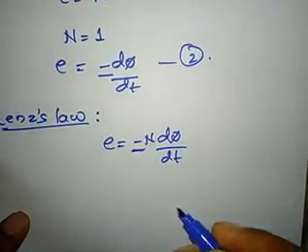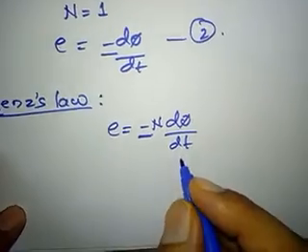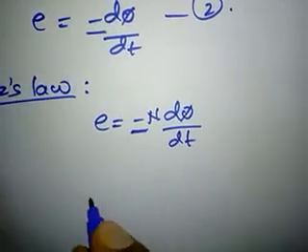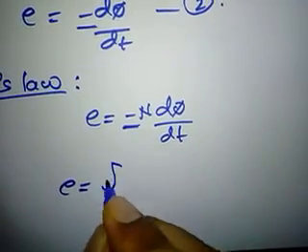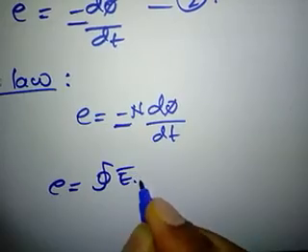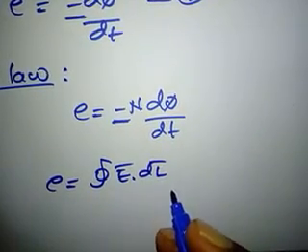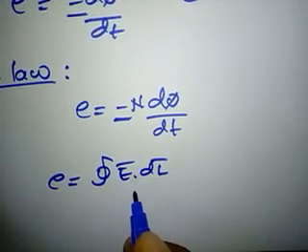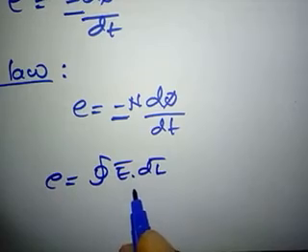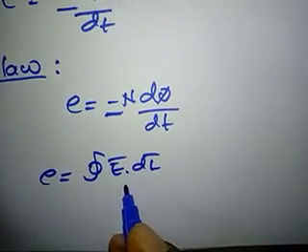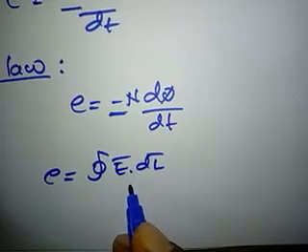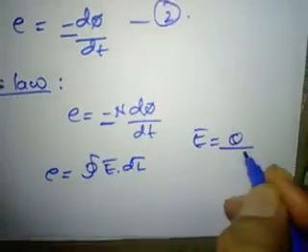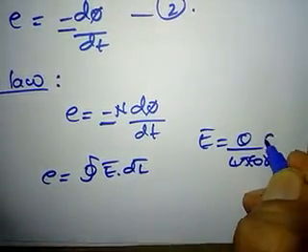From this equation, we can write the equation for the induced EMF. As it is a scalar quantity, we can write the equation as E is equal to the closed line integral of E bar dot dl bar, where E is the electric field intensity. From the basics we have seen in Coulomb's law in the first module, E is given by Q upon 4 pi epsilon naught r square AR bar.